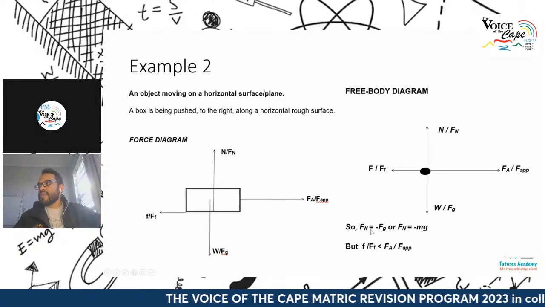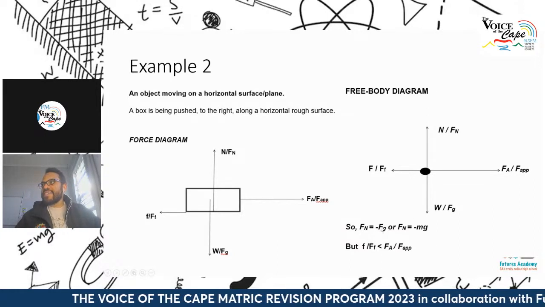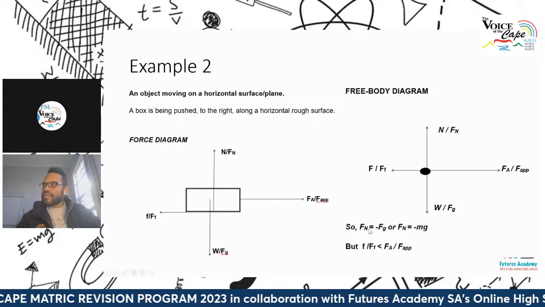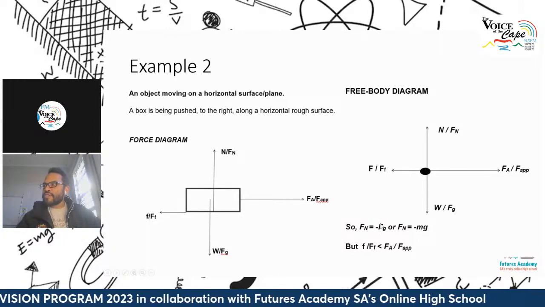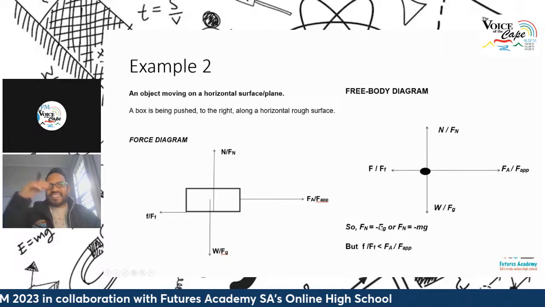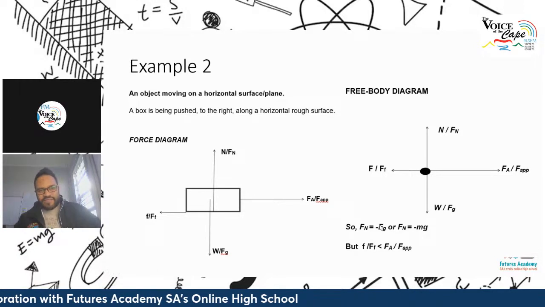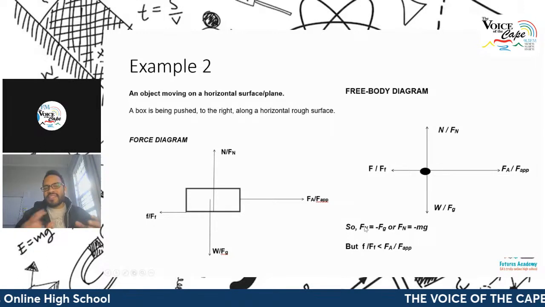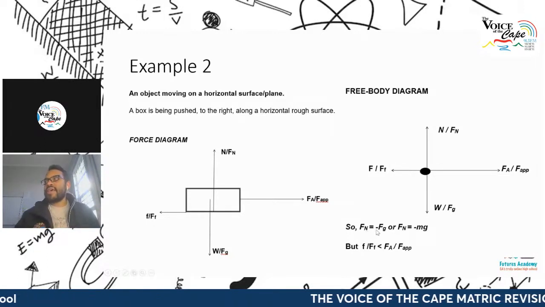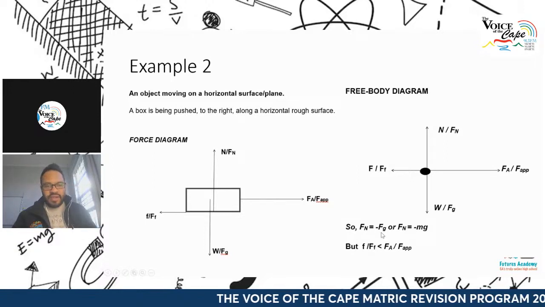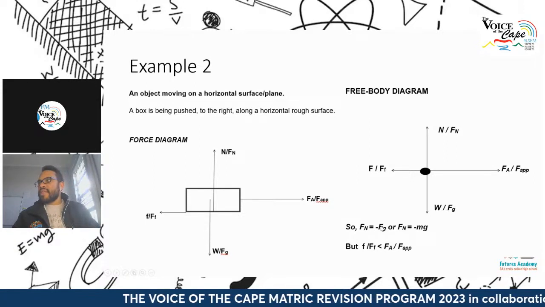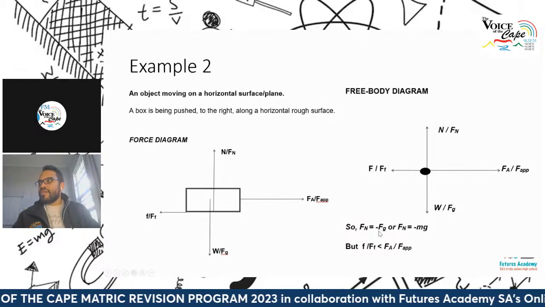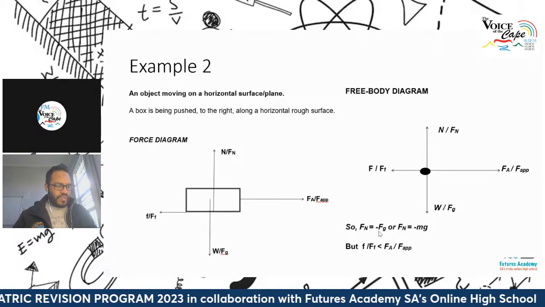I'm assuming that the normal force is equal to minus Fg, right? To make the normal force equal to the gravitational force, I take negative Fg, because negative gives you a positive, which will give you the normal force. This simply means that they are acting in opposite directions. And the negative that you indicate over here is also indicating that the magnitude is going to be the same, but the direction of the gravitational force is different.